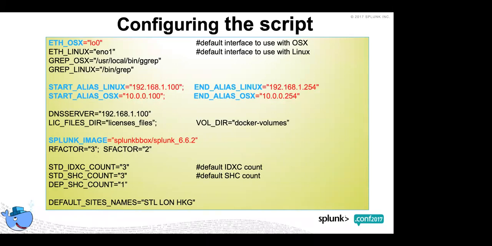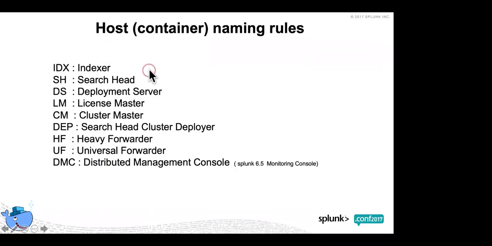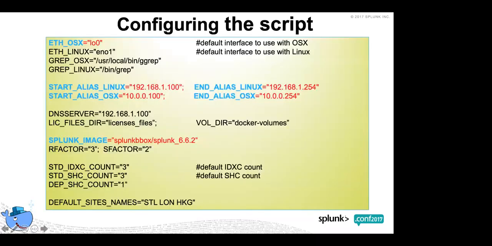I've tried to do everything through the UI, but there are some things you may want to consider. If you're running in OS X, which is Apple computers, you may want to bind your interfaces to loopback. By default, if I detect you're in an OS X environment, I want you to bind your instances to a loopback.